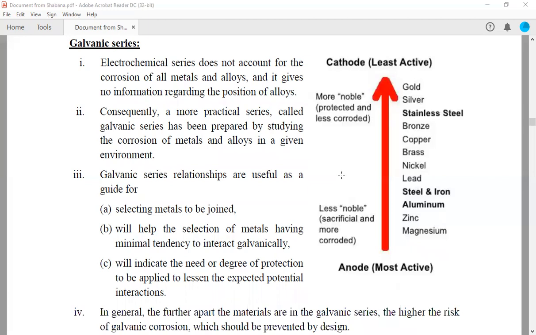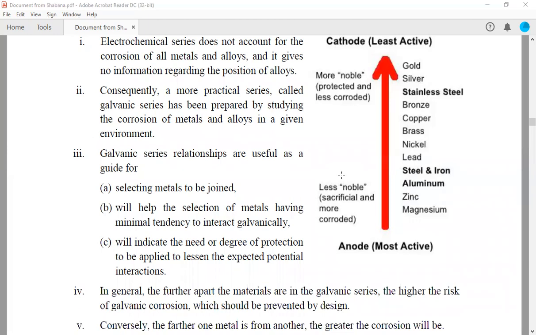It also helps in the selection of metals having minimal tendency to interact galvanically, and it indicates the degree of protection to be applied to lessen the expected potential interactions. And several side reactions also take place which may influence the corrosion reaction.